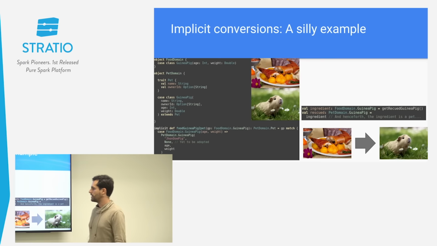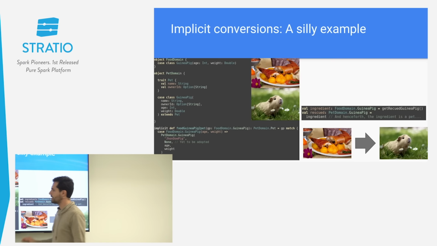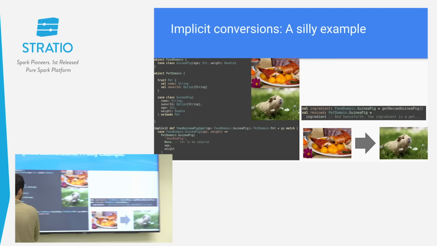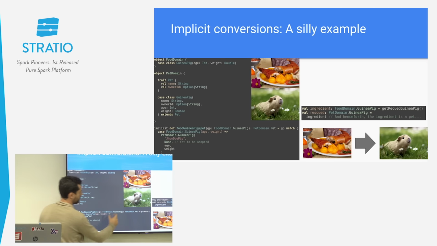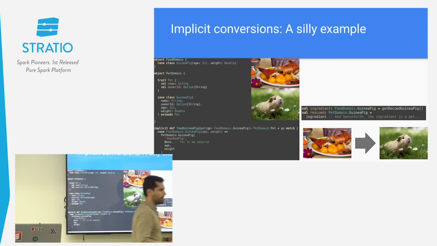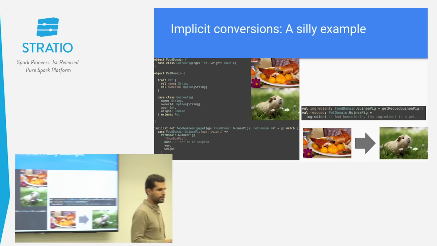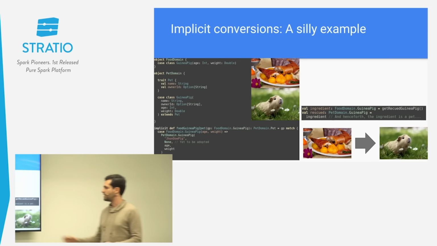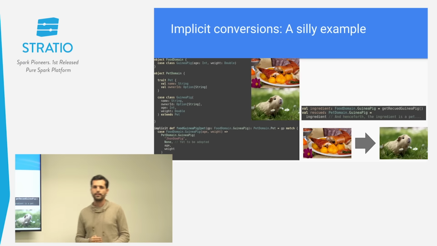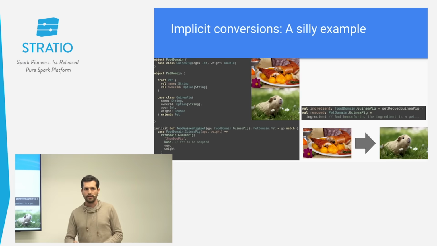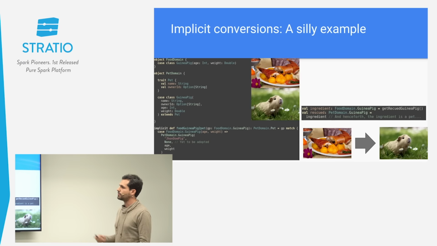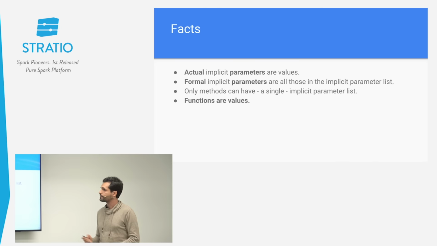It knows that because there is a function declared implicit receiving a food domain guinea pig and returning a pet. Just because the types fit, and that's a match in the types, it applies the conversion, and it allows us to avoid receiving an error. So we have quite an advantage here. This is the obvious application of implicit conversion.